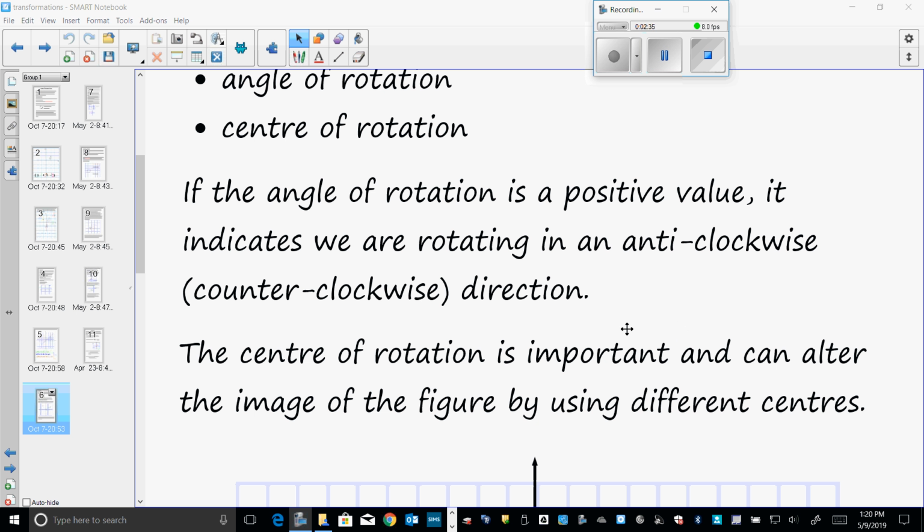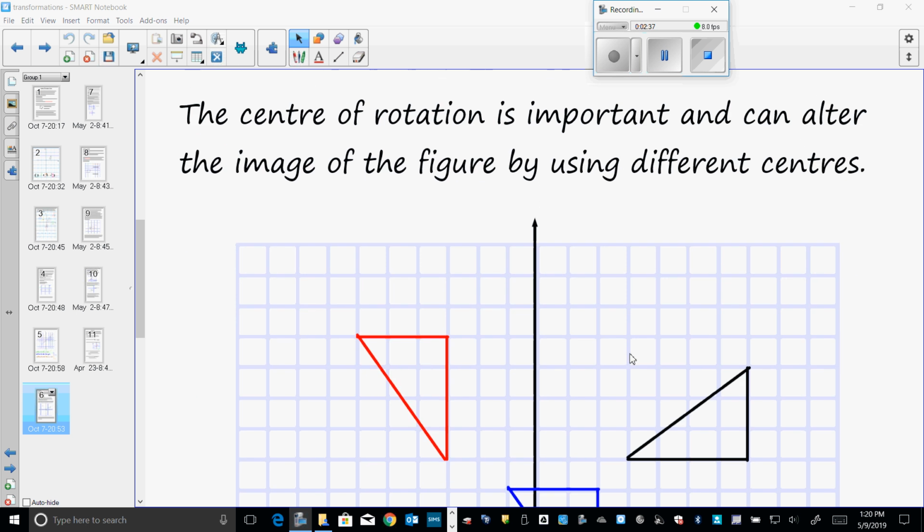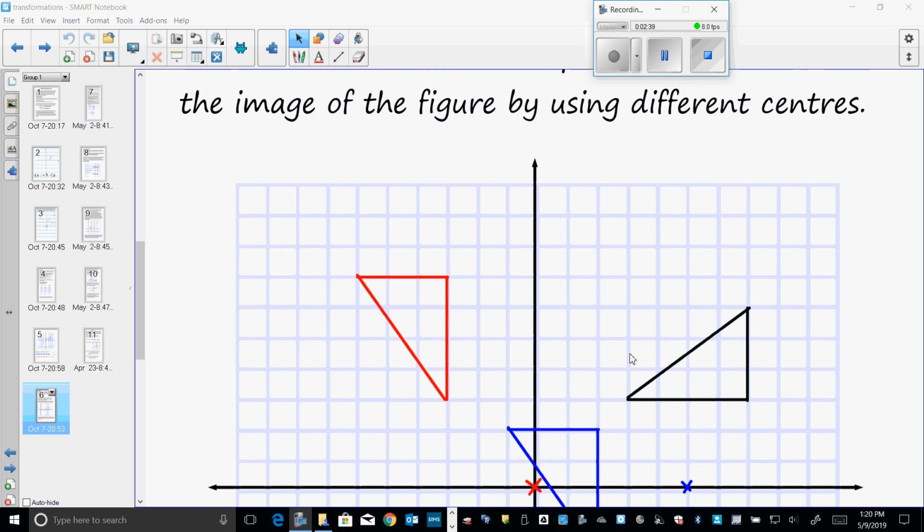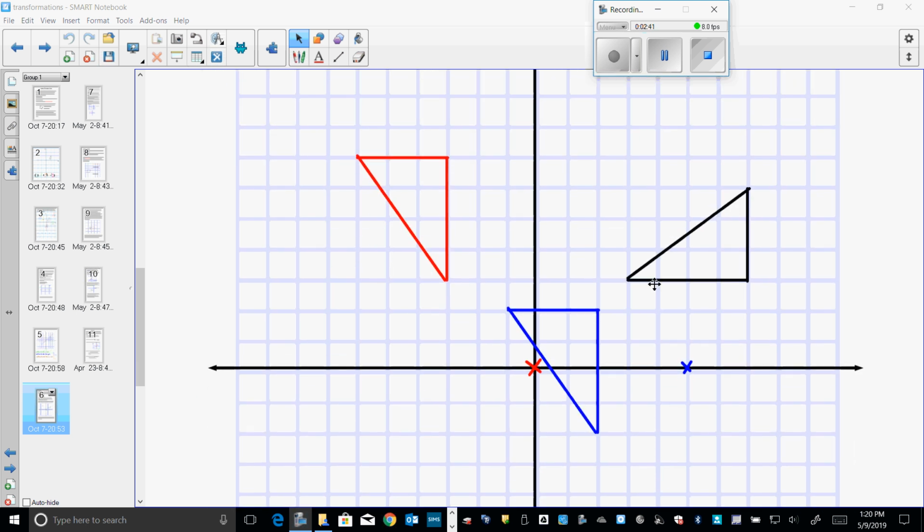So the center of rotation is important because it does alter the image of the figure. Now, these are 2 examples. Here's my original shape. If my center of rotation was this blue one, if we were rotating it 90 degrees anti-clockwise, you would end up with this blue shape here.